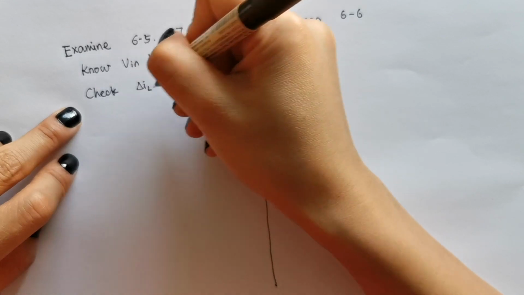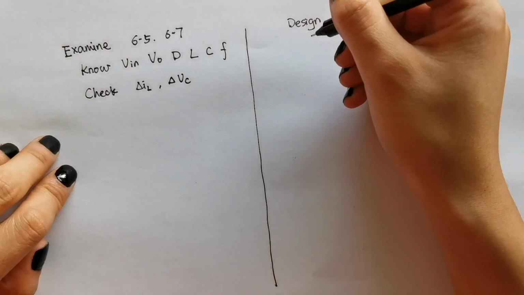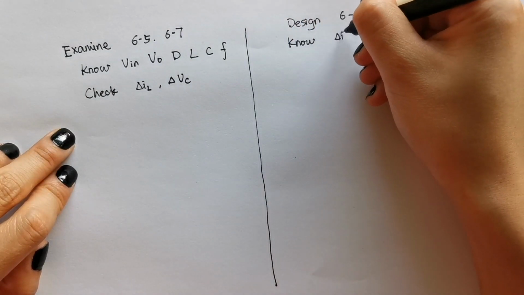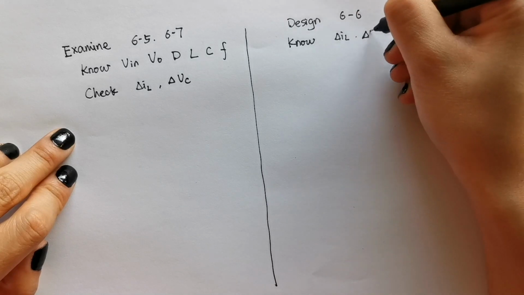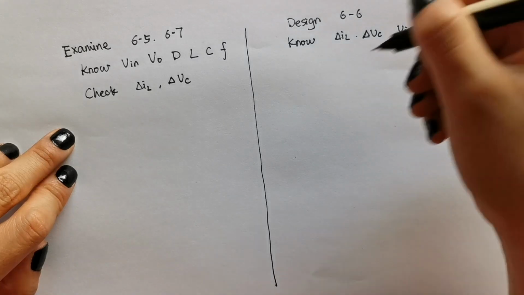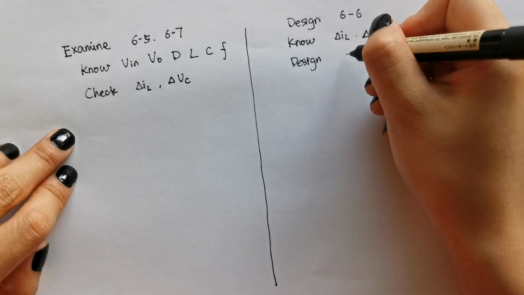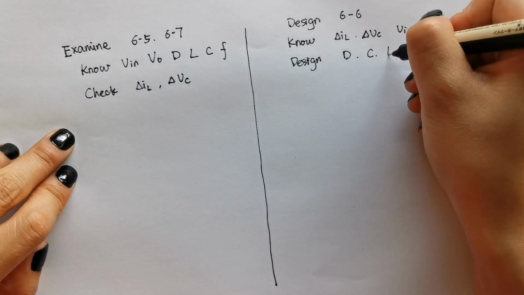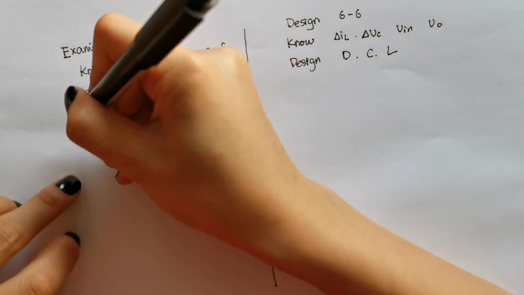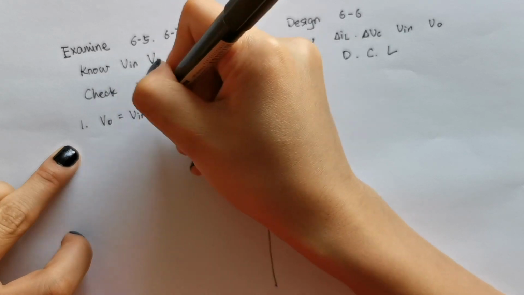Usually you know Vin, Vout, duty, inductance, capacitance, and frequency, and you just check the current ripple and voltage ripple. Design questions are the other way around. You know the current ripple, voltage ripple, Vin, and Vout, and you need to design the duty cycle, capacitance, and inductance. So basically you use the same equations but in a different way.